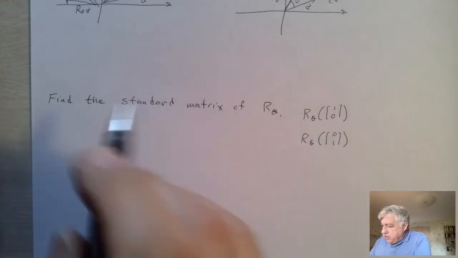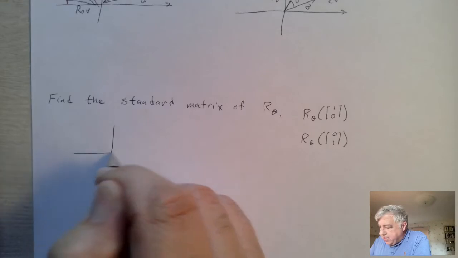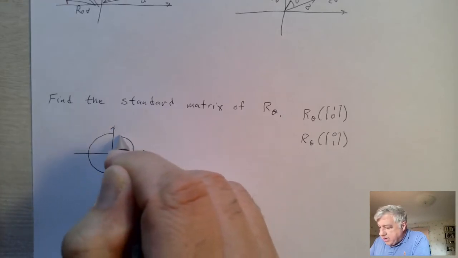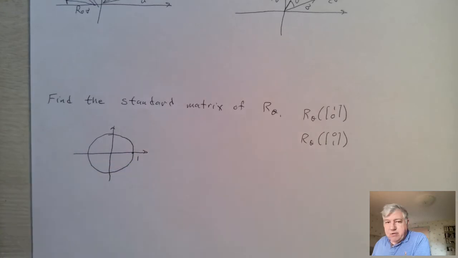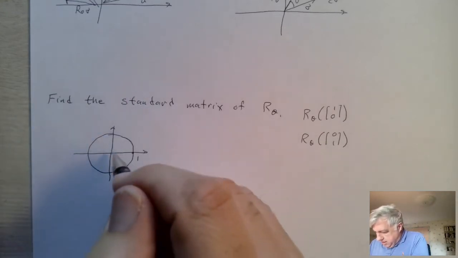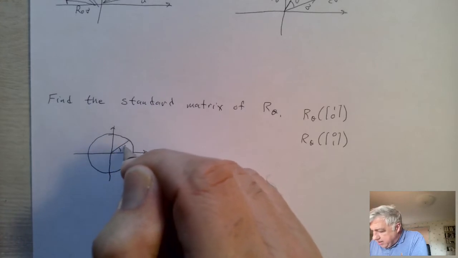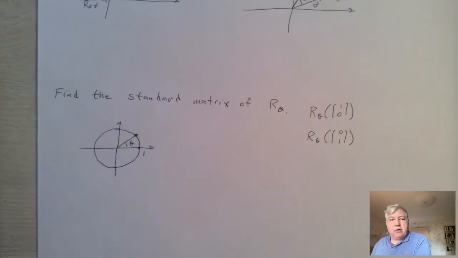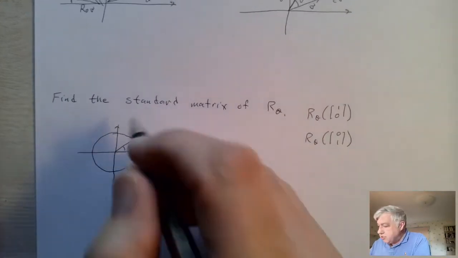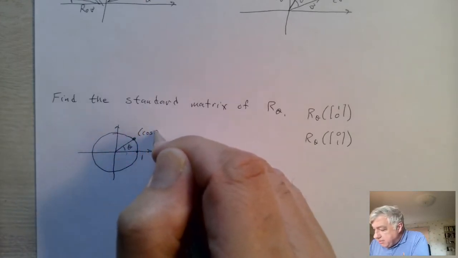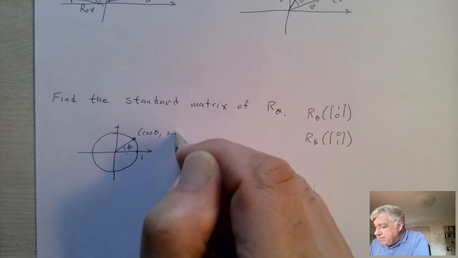Okay, so how do we do that? Well, the first part's not too bad. It's almost like the definition of sine and cosine. Remember how sine and cosine are defined. We have the unit circle here, and a certain angle theta corresponds to a point on this circle. If this angle is theta, then the x-coordinate is cosine and the y-coordinate is sine.